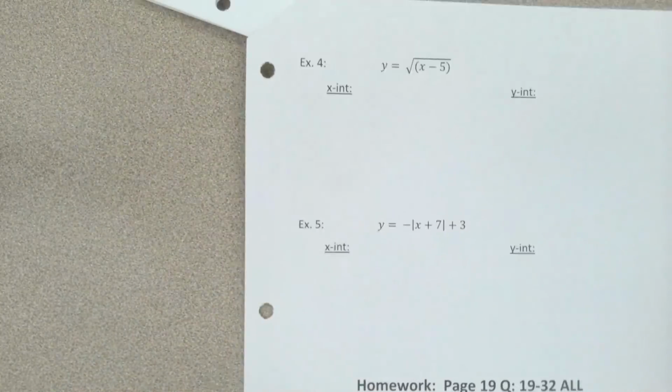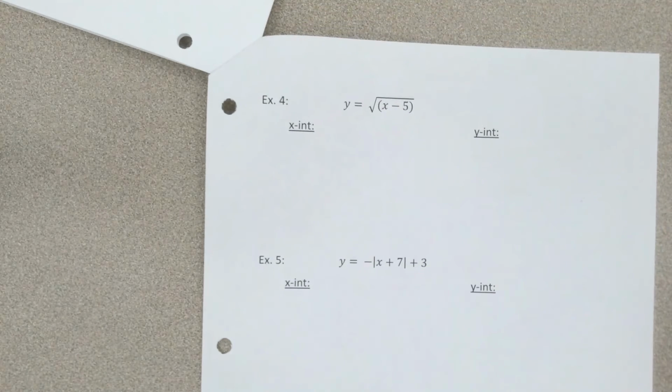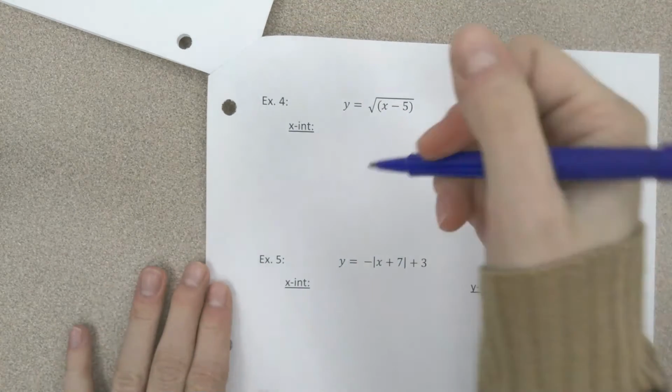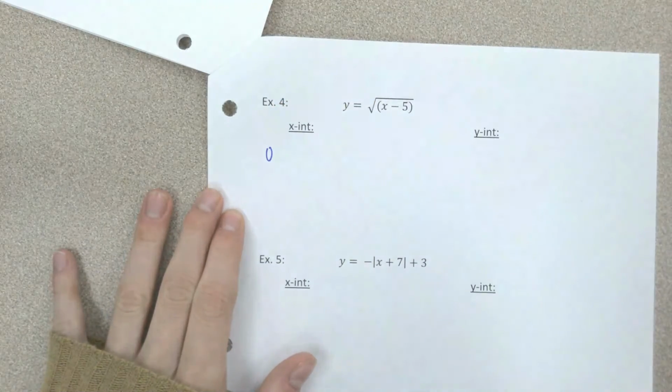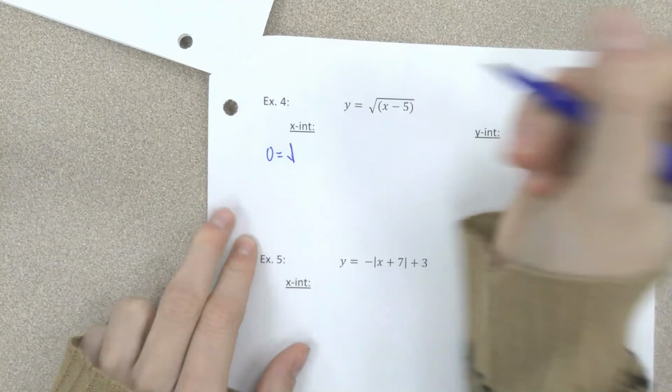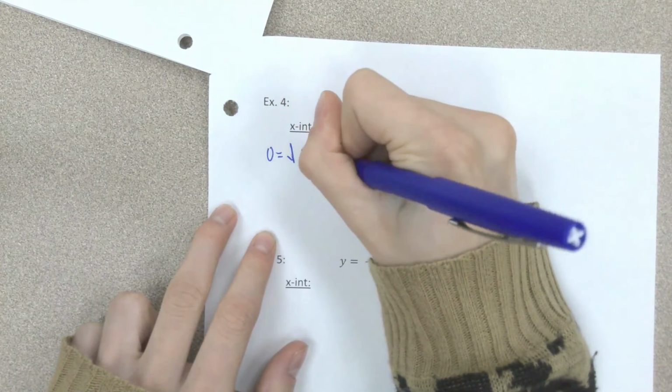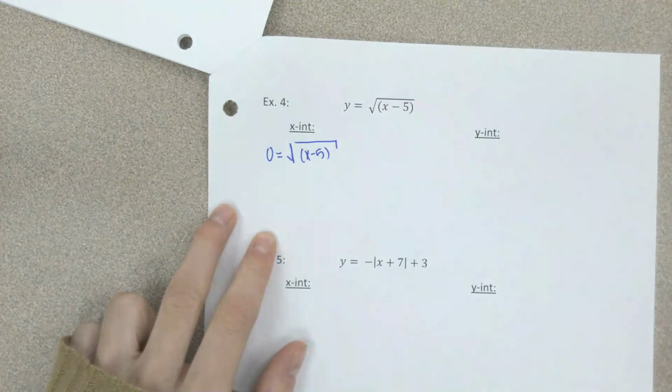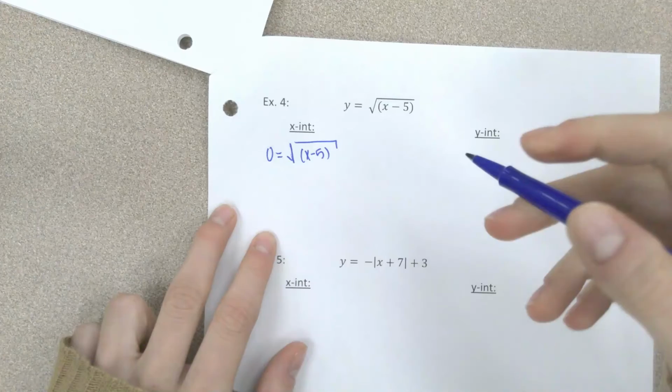All right, for a square root example, same steps. We're going to plug 0 in for y when we are looking for our x-intercept. 0 equals square root of x minus 5. Sorry, I thought I wrote something wrong. I didn't.